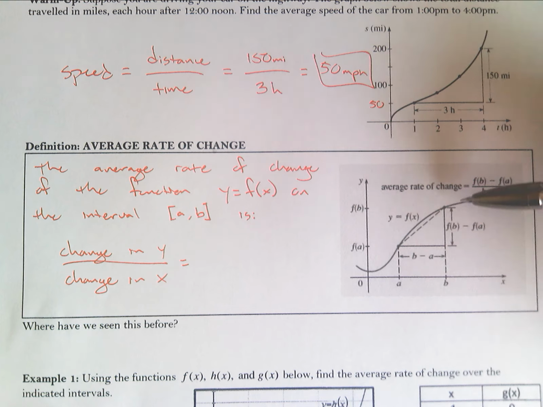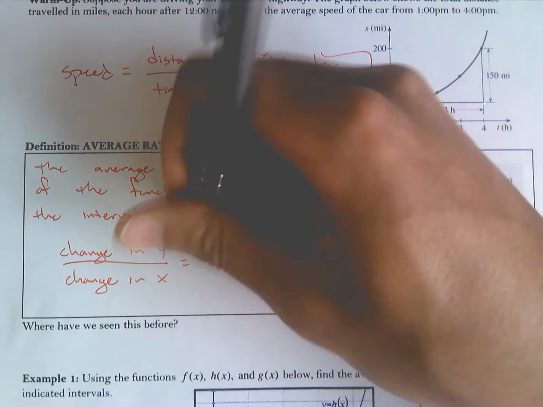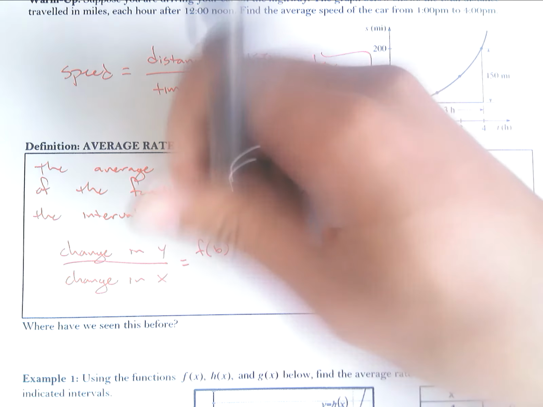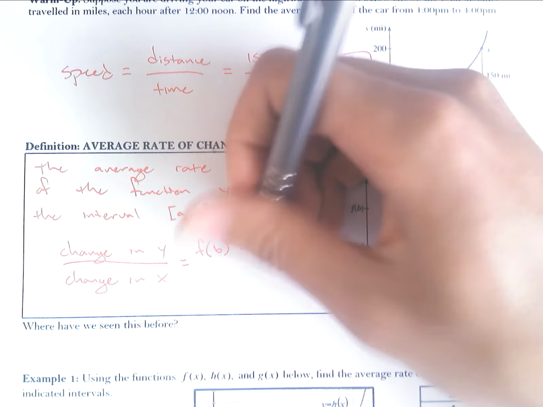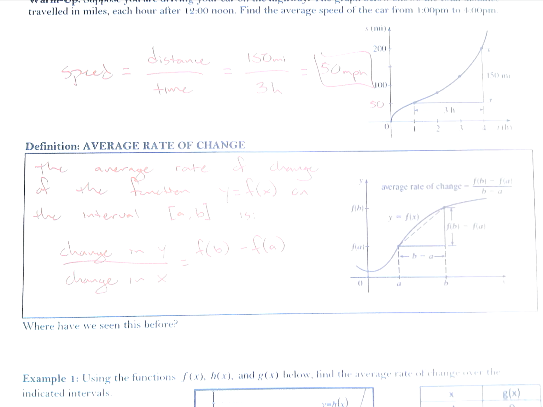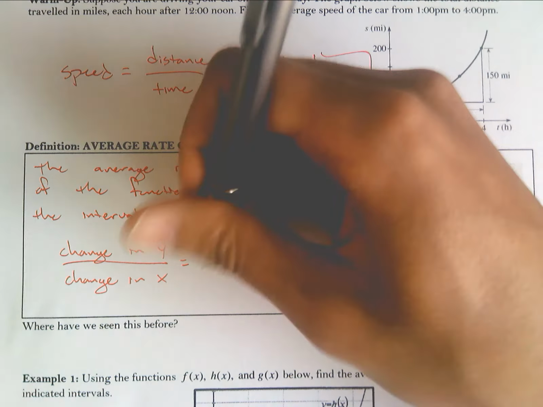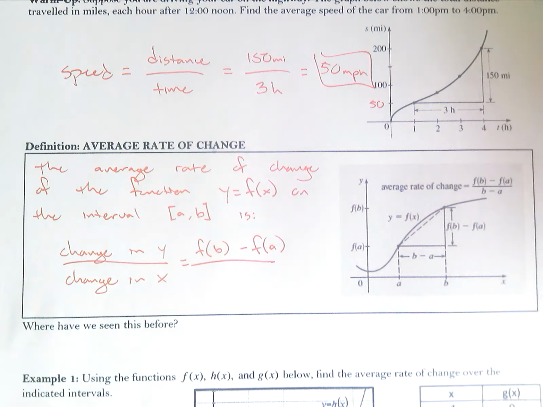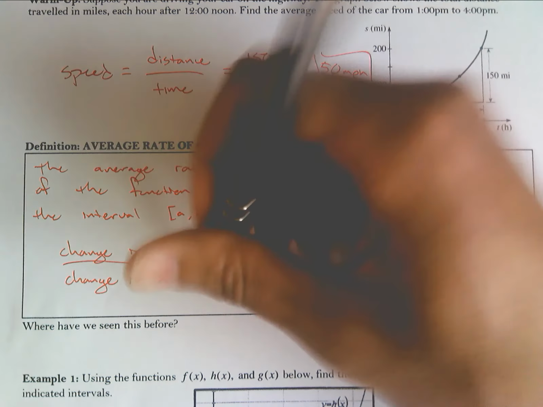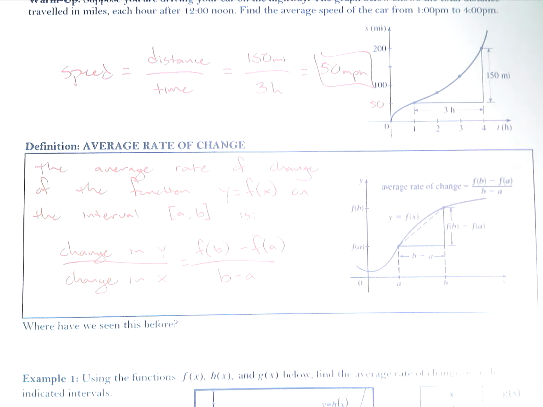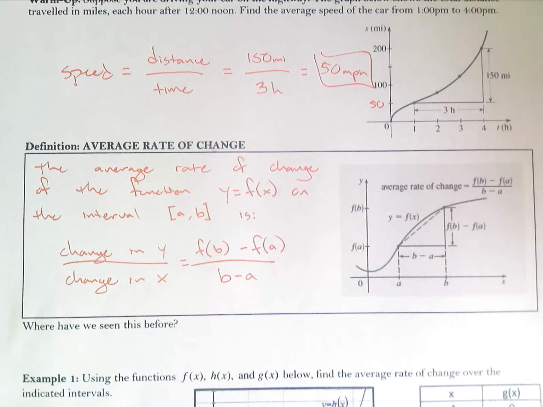So if we're looking at a and b, we're going to take that endpoint b and that starting point a. So we're going to take our function values, f of b and f of a, and we're going to take the difference. That's how we find the change in y. So we have f of b minus f of a over the change in x. So our endpoint minus our initial point. So b minus a. So change in y over change in x.